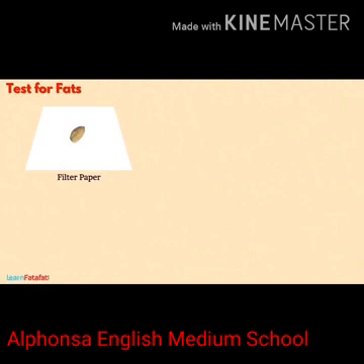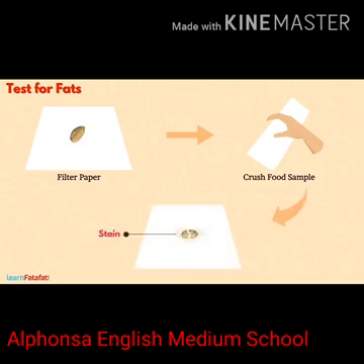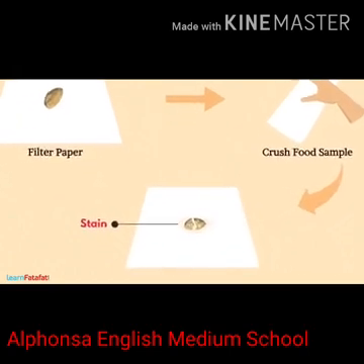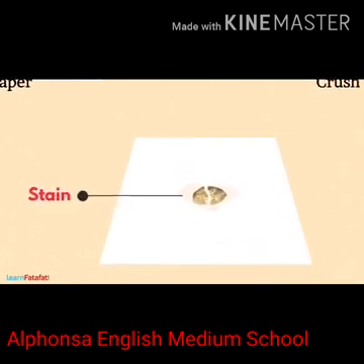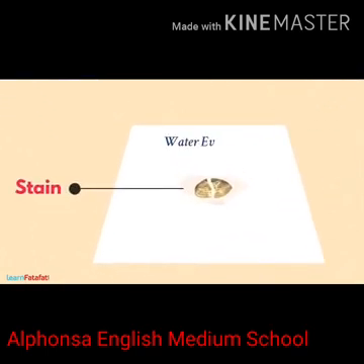Oil is rich in fat. Take any food item that you have to test for fat in a paper, fold it and press it so that the stain is spread in the paper. Allow it to dry so the water evaporates. After the paper is dry, hold this paper towards the light.